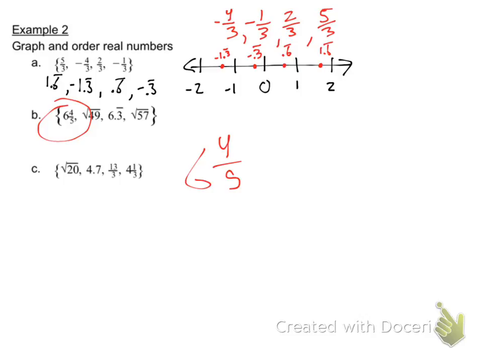You multiply first, right? 6 times 5, which is 30. Add 4. So it's 34 over 5.